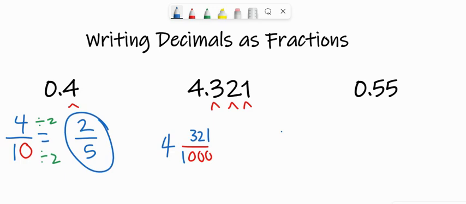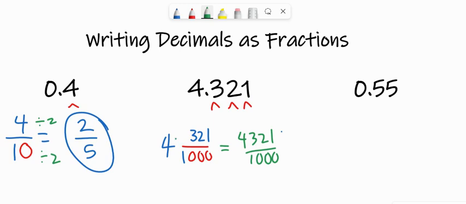If they want an improper fraction, you would have to do 1,000 times 4 plus 321, which is 4,321 over 1,000. So depending on what they ask for is what you are going to put down.